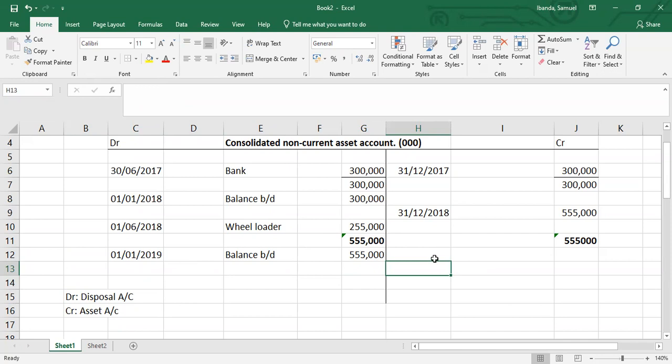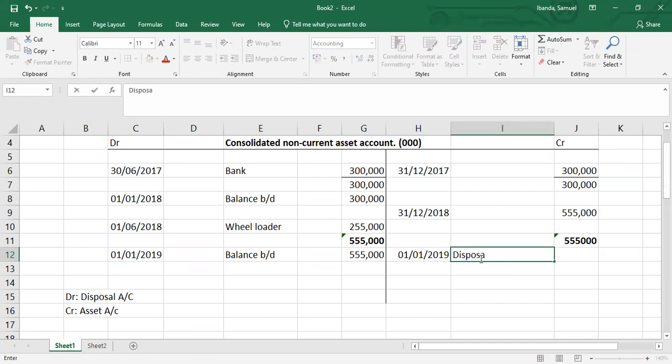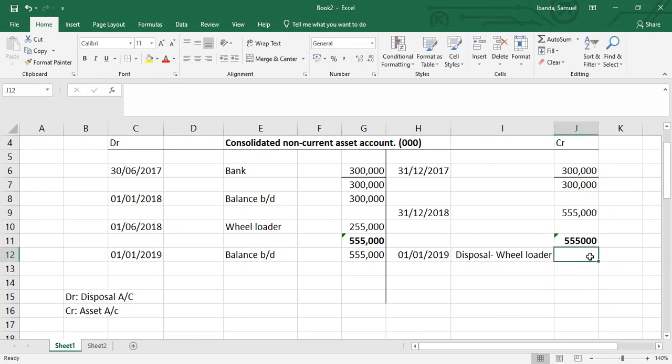So on 1st Jan 2019, disposal of wheel loader is worth 255.